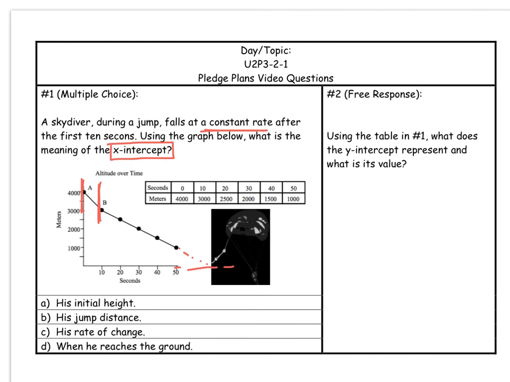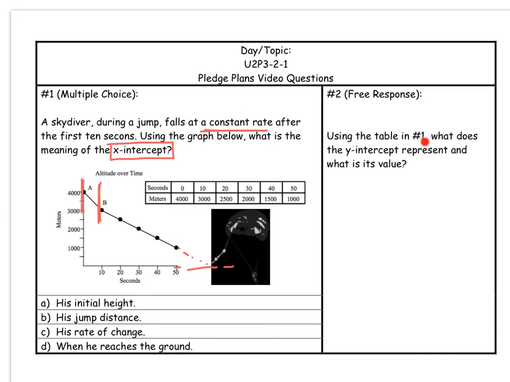What does that mean? Is it his initial height that he jumped at, his jump distance, his rate of change, or when he reaches the ground? So keep in mind that this is seconds and this is meters from the ground. So at 0 seconds, he's at 4,000 meters. At 30 seconds, he's at 2,500 meters above the ground. At 50 seconds, he's at 1,500 meters off the ground. So when he gets all the way down here, what does that mean?